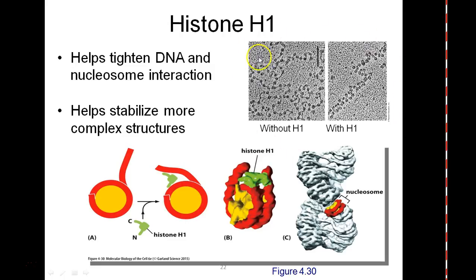And here we have an electron micrograph of the chromatin beads on the string without H1. They are a more disorganized structure. When we have H1, they start forming this 30 nanometer fiber structure, a very nicely organized structure.